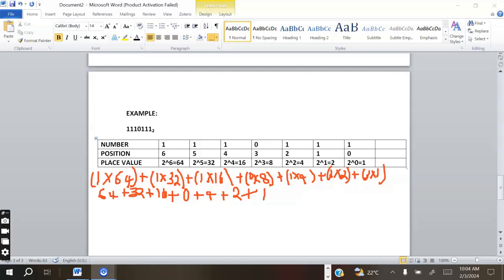So we have 64, 32, 16, 4, 2, 1. And when you add this one plus this one, you get 96 plus 16.